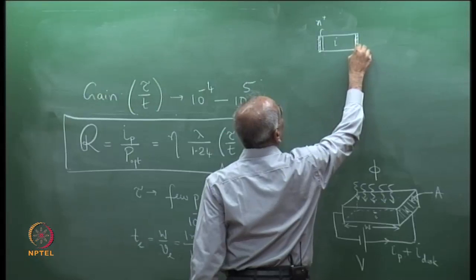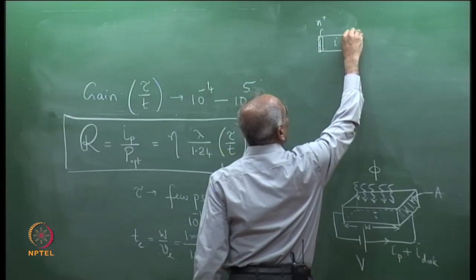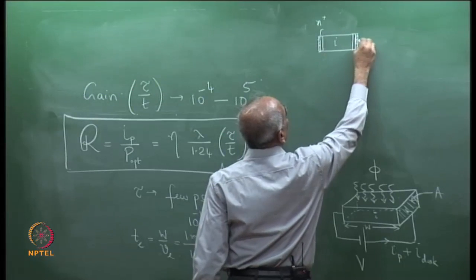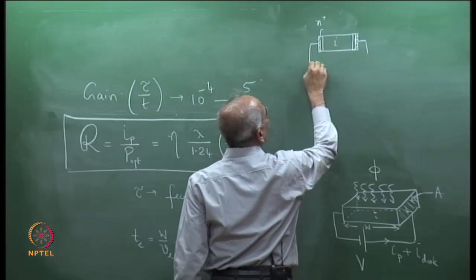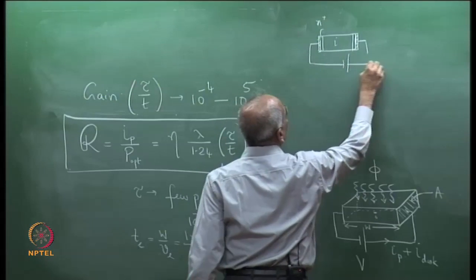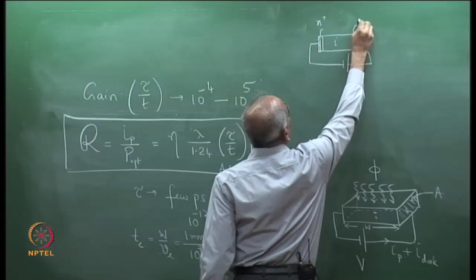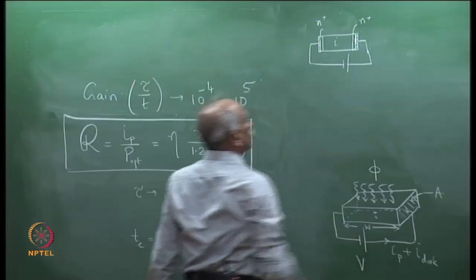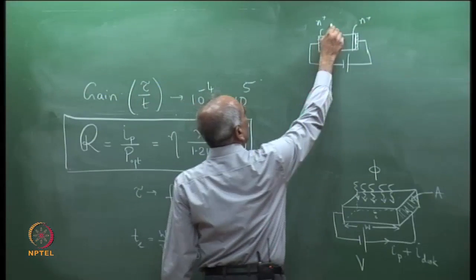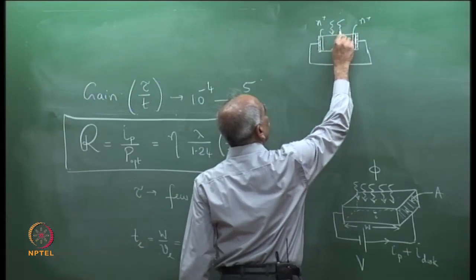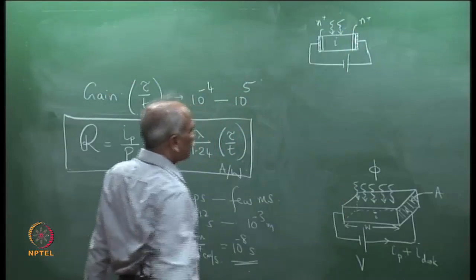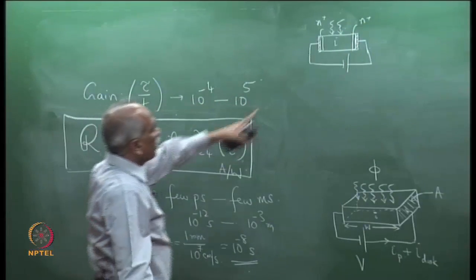It is only for contact sake. So, this is metal, this is N plus and intrinsic. The photon flux is incident here. There are better designs, but I am just explaining the idea.